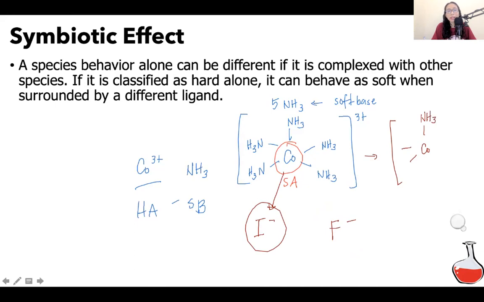So it's a pentaammine iodo cobalt 3 ion. We have NH3, NH3, NH3, NH3, NH3, and then lastly you have iodine there, and the net charge is now positive 2. So this is the symbiotic effect.